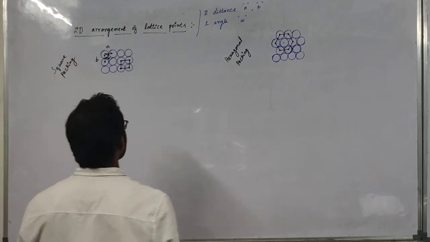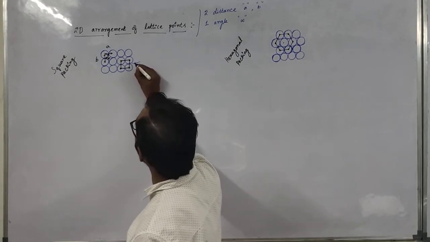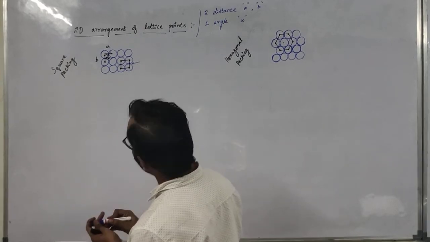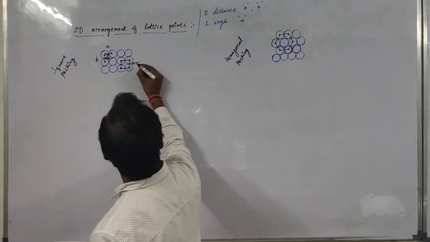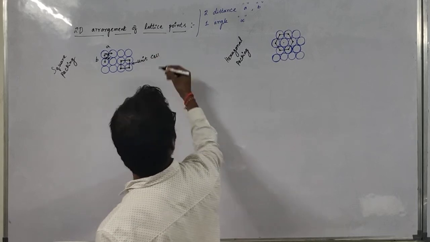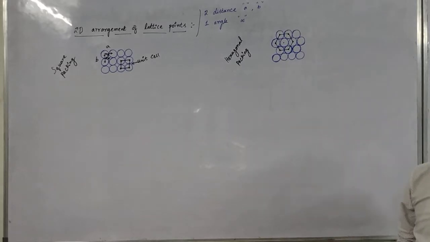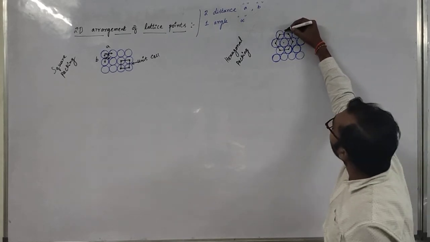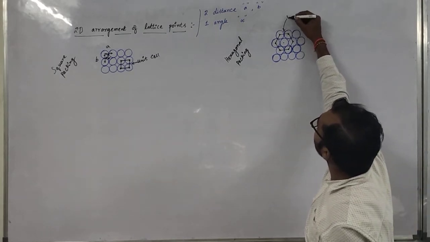So I am considering this as the unit cell. Here I will assume this hexagon as the unit cell, or I can assume a parallelogram or a triangle as the unit cell. Here I am assuming hexagon as the unit cell.